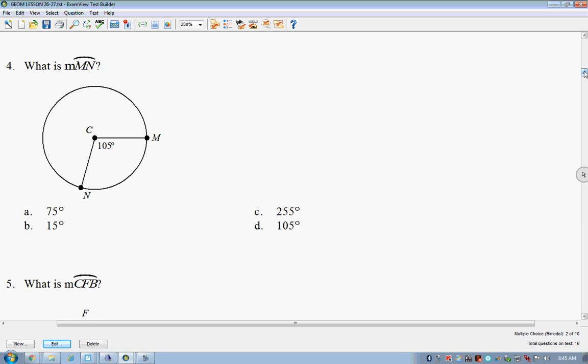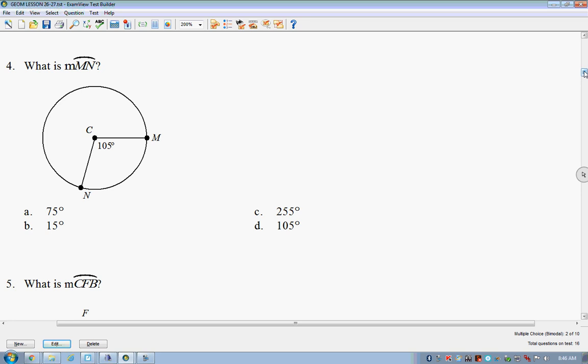Because my angle MCN is what type of angle? Nope, it's not obtuse. Nope, in order for it to be congruent, it has to be congruent to something. It's the only angle up there.